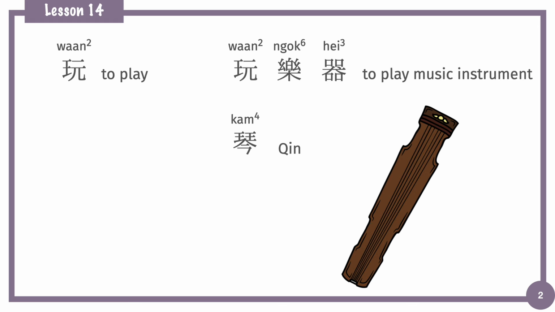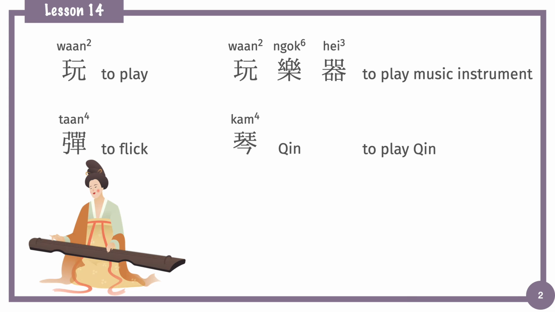The outlook of 琴 is like what I have shown on the screen. It's a string instrument. For string instrument that we can directly use our finger to play, we will use the verb 彈, to flick. So 彈琴 is to play the music instrument called 琴.